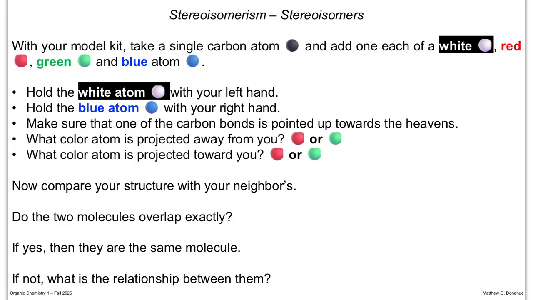So what that means is you can always align two of them. I'm just going to rotate and make the yellows line up and the blues line up.